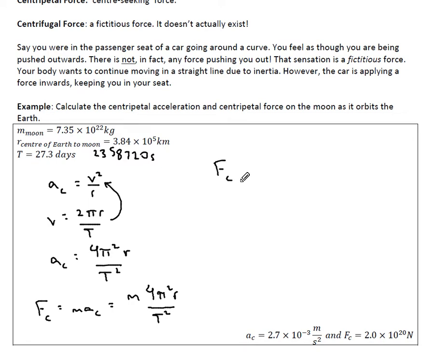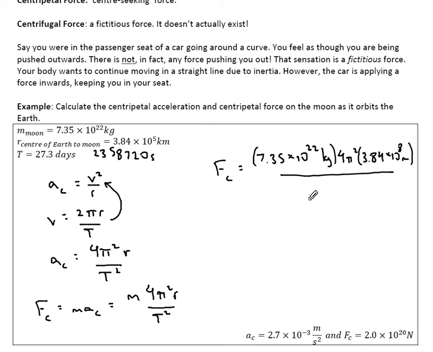We get FC is equal to 7.35 times 10 to the 22 kilograms, that's how heavy the Moon is, times 4 pi squared times R, 3.84 times 10 to the 8 meters, over our time, 2358720 seconds, which we're going to square. Plug it all in, and we end up with FC equal to 2.0 times 10 to the 20 newtons.